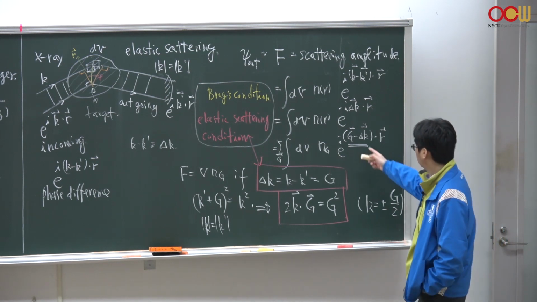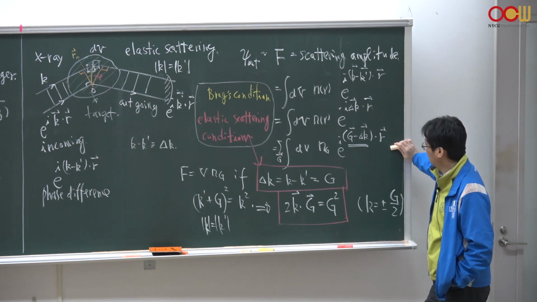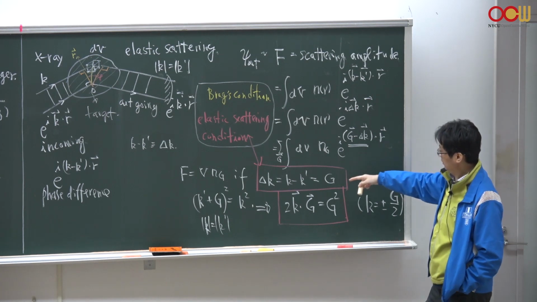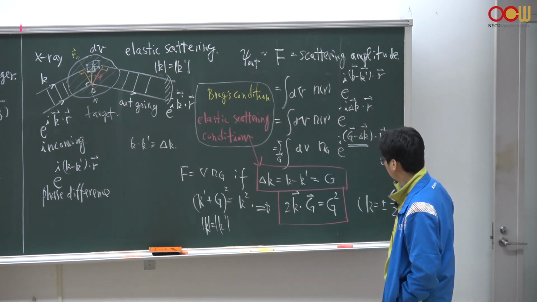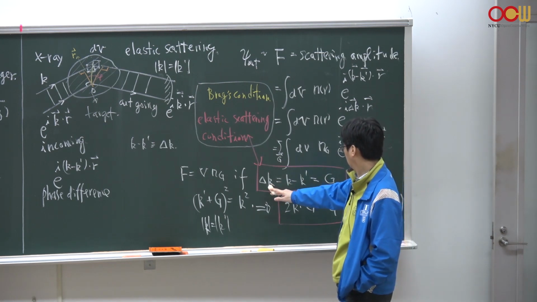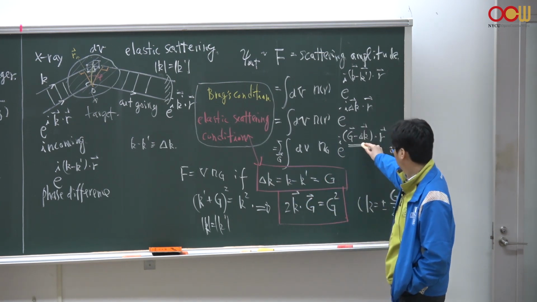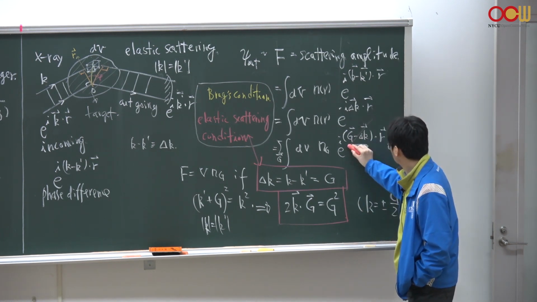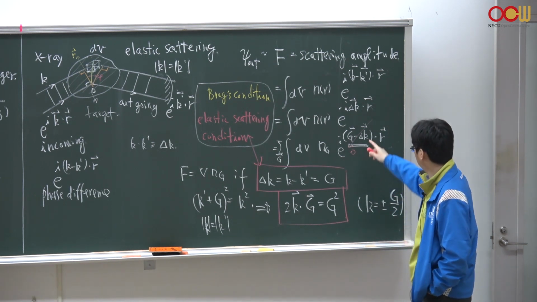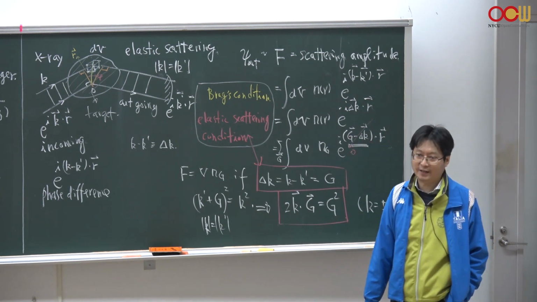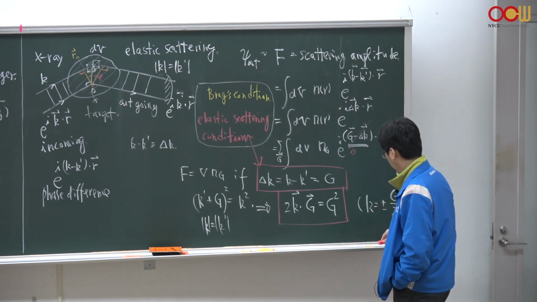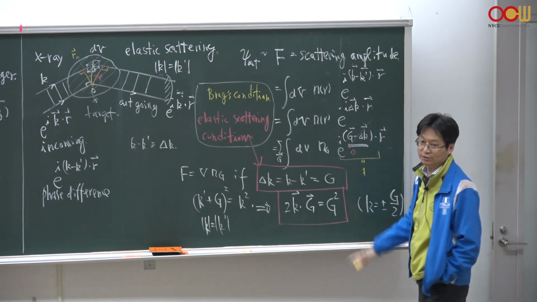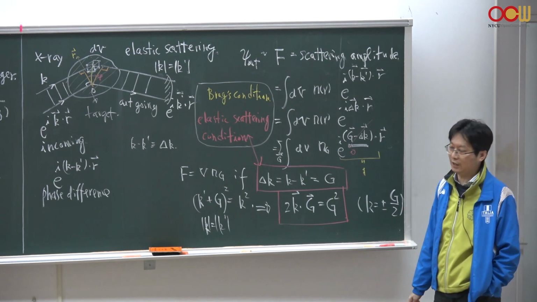Okay, but this is an oscillating function of r, and is zero in many cases unless a special condition is satisfied, and that special condition is when delta k is precisely the reciprocal lattice vector G. Which means that when the stuff in the bracket cancels exactly, you get simply a number, which is 1 in that integral, and this is certainly a finite value.